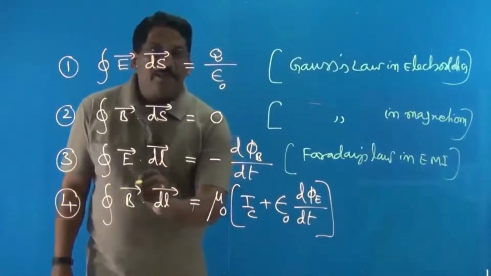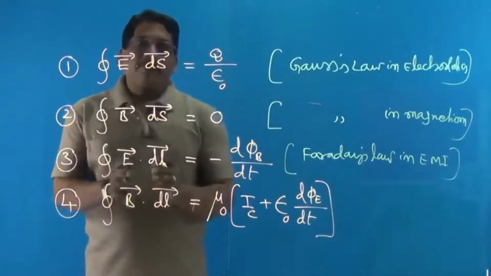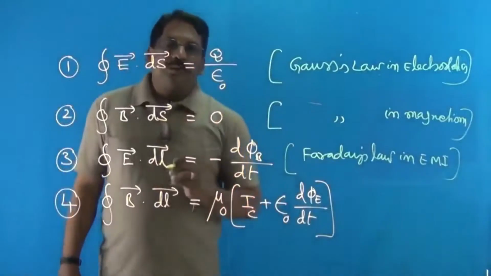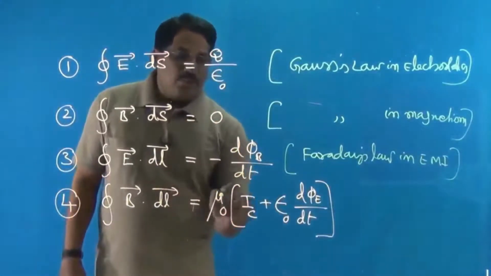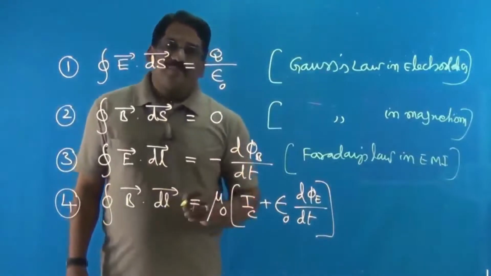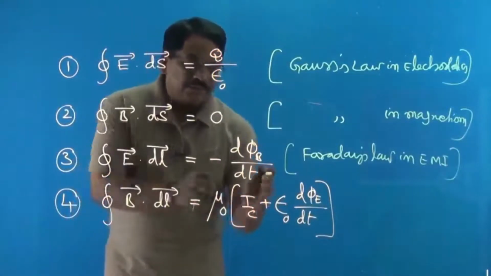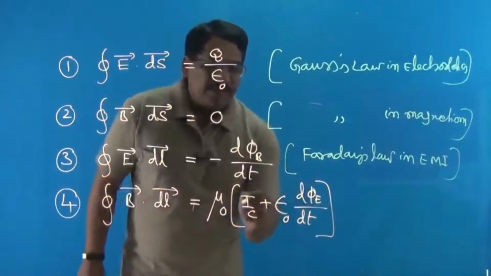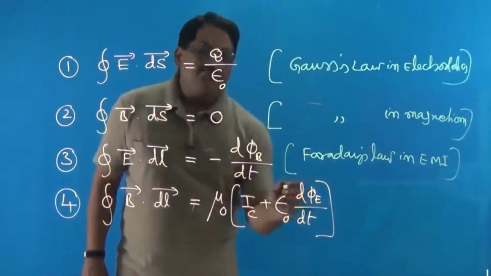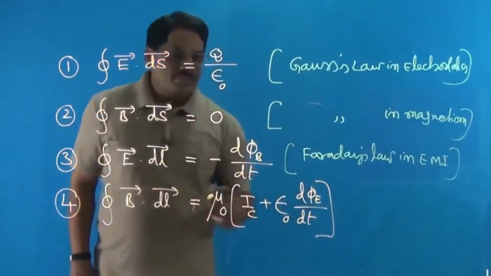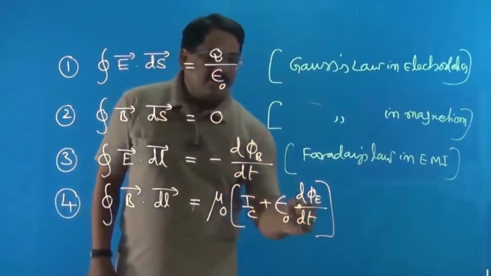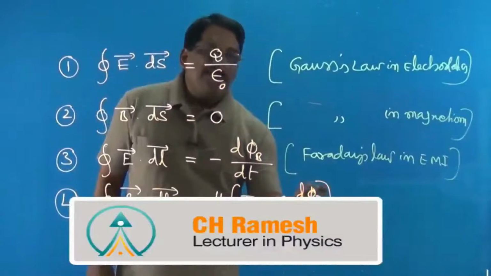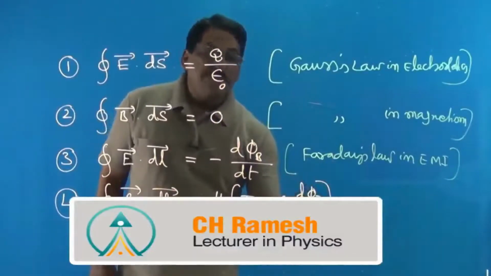The line integral of the magnetic field over a closed loop is equal to mu naught times the sum of the conduction current and the displacement current. Here, I_C stands for conduction current, and this term epsilon naught d by dt of phi suffix e is the displacement current.